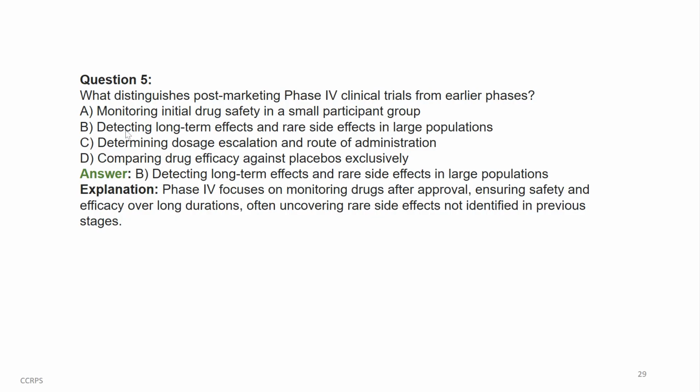So it is B, detecting long-term effects, maybe over years, and rare side effects in a large population of thousands as the sample size. Phase 4 focuses on monitoring drugs after approval, ensuring safety and efficacy over long durations, often covering rare side effects not identified in previous stages.